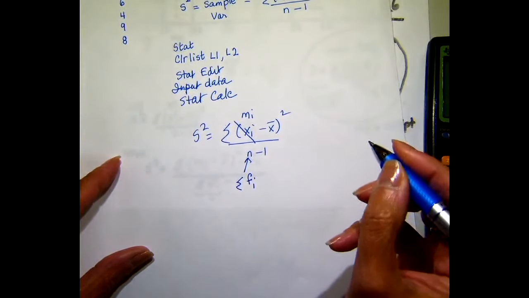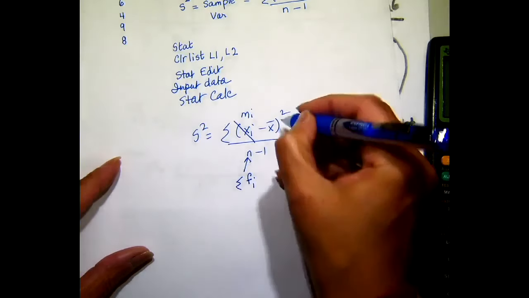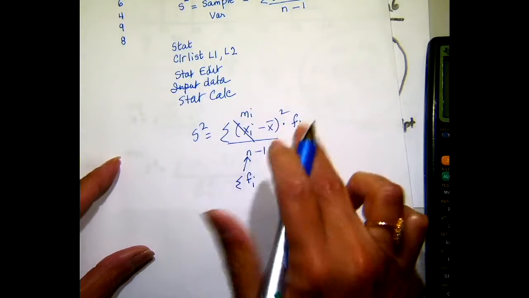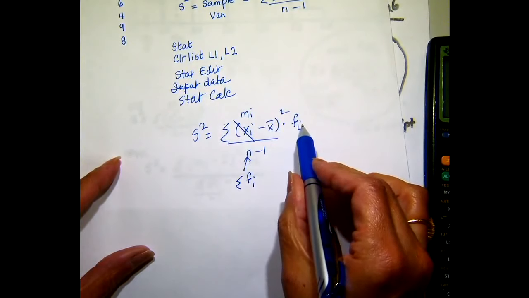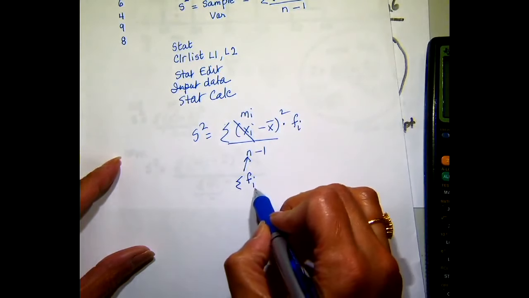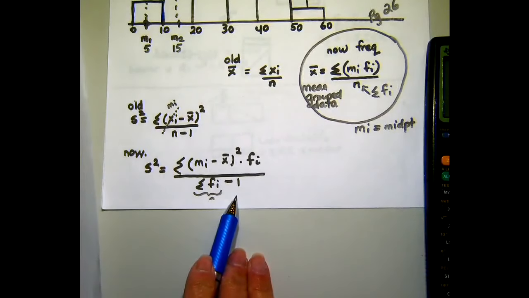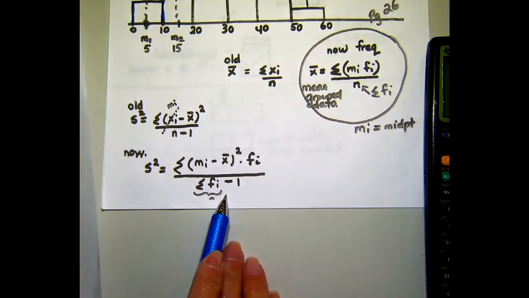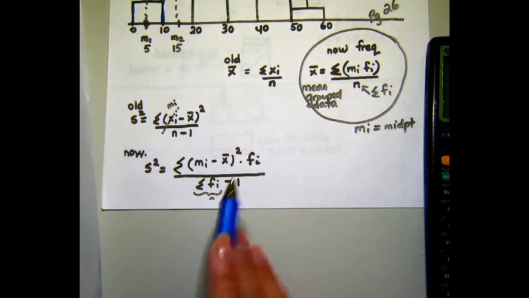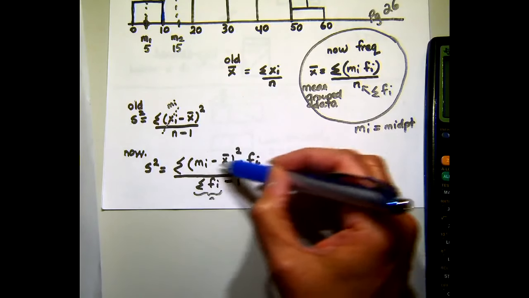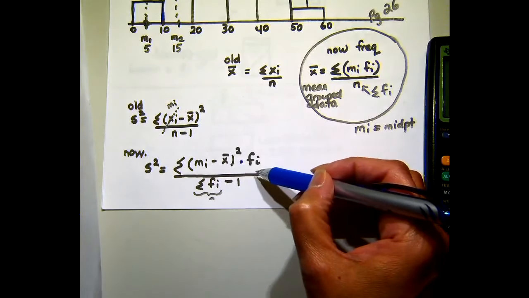And then each one is happening many times, so you would have to multiply this by the frequency. So mi minus x bar squared times fi divided by summation of the frequency column minus 1. So this formula would change, but if you know this one, you can get this one by just realizing that you better times by the frequency, because this deviation squared is occurring this many times.